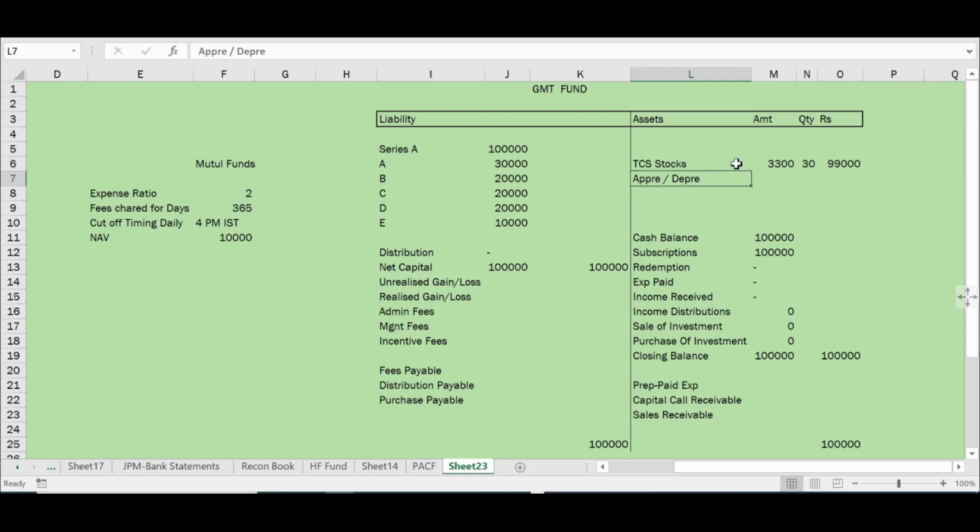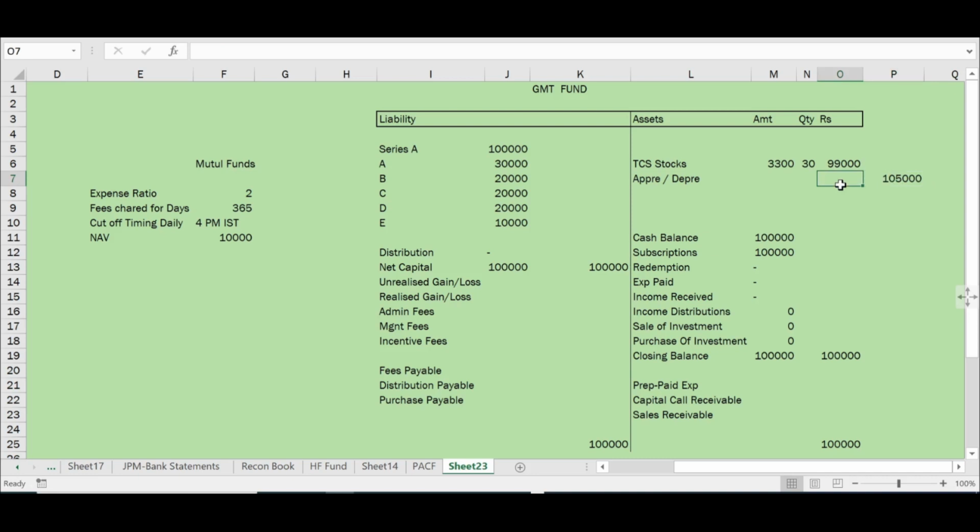Assume that at the time of market close, the investment's value reached, let's say, 1 lakh 5,000. So the market value reached 1 lakh 5,000.